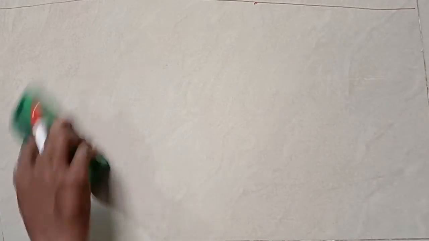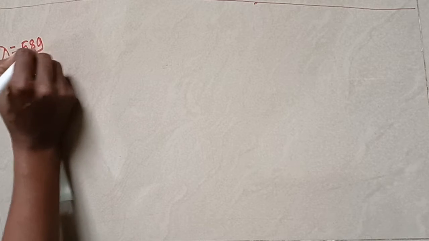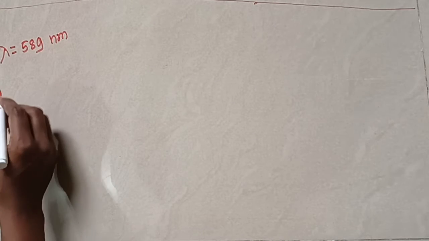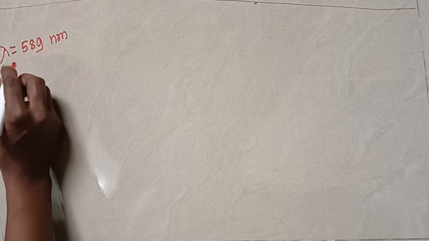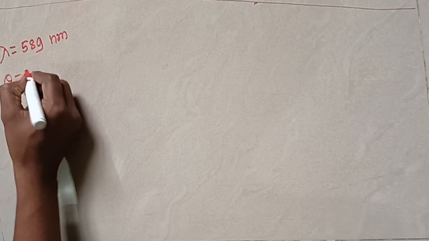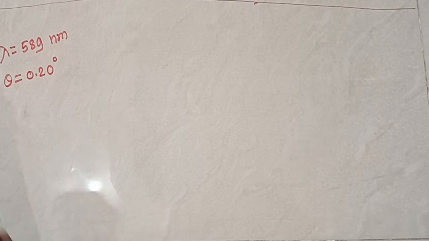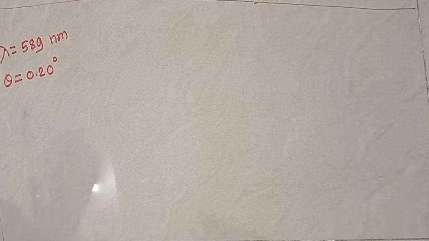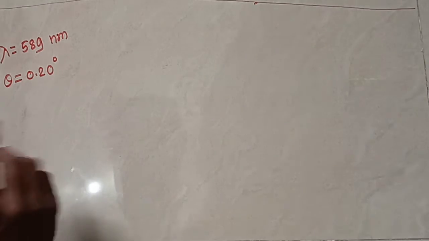Now what is the given? Given is the wavelength lambda is equal to 589 nanometer, right? And next, the angular separation before this arrangement is immersed in water is 0.20 degree. Now this arrangement is immersed in water.